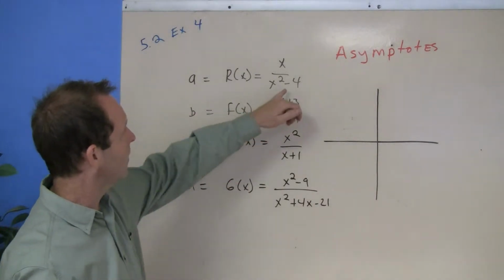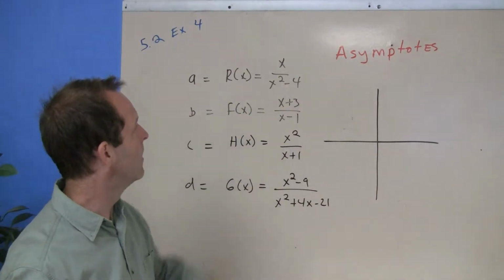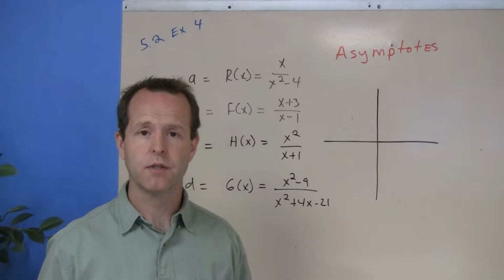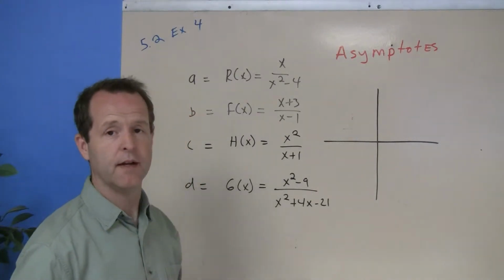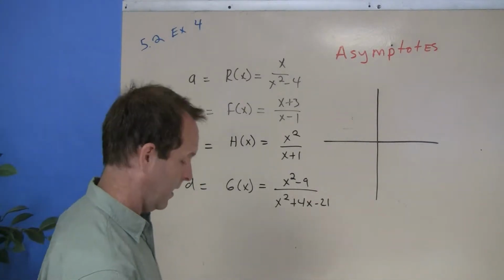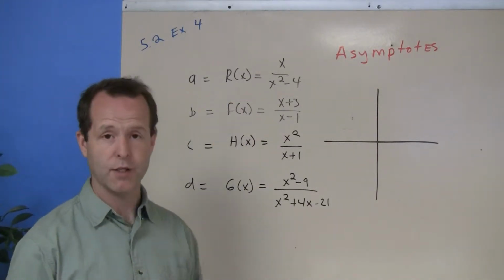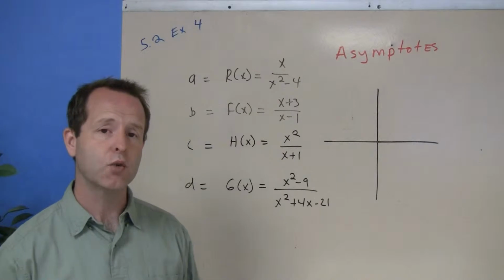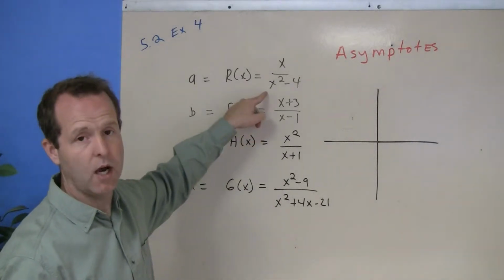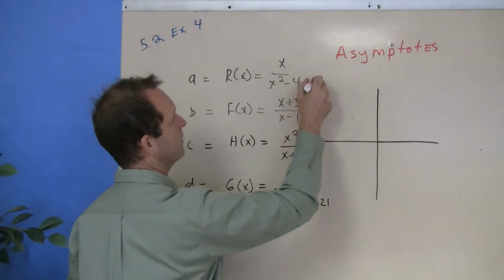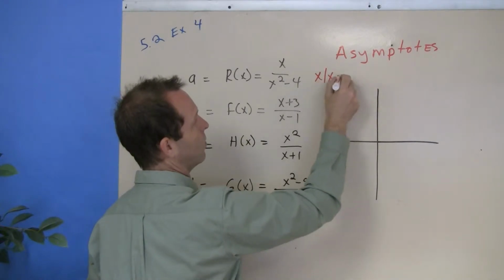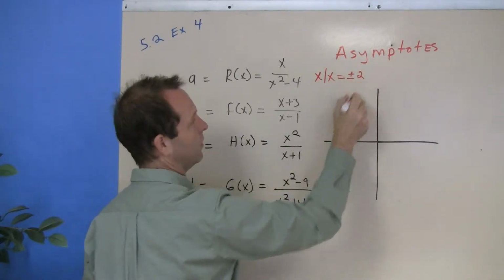We discovered earlier that we want to be careful about domain restrictions. On this first example, r of x equals x over x squared minus 4, the domain restrictions, looking at the denominator, are for all x such that x does not equal plus or minus 2.